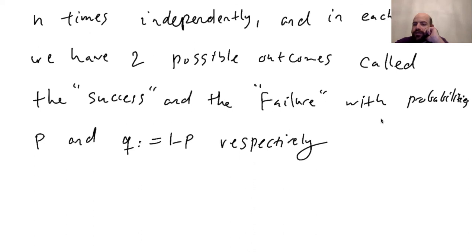Okay, so what are the possible outcomes here? We are basically repeating the trial n times independently. Each time we have two possibilities called success and failure with probabilities P and 1 minus P. Of course, P has to be between 0 and 1 here.